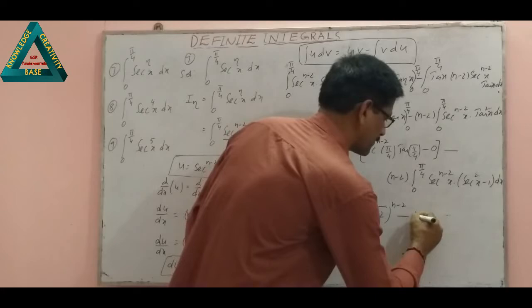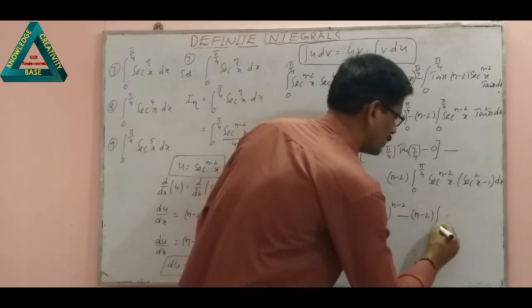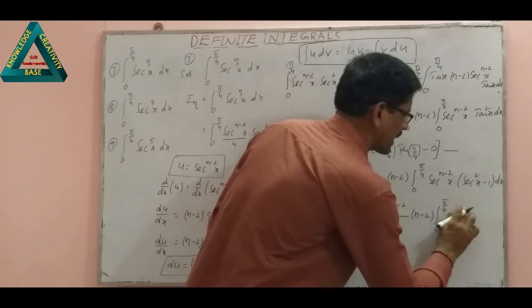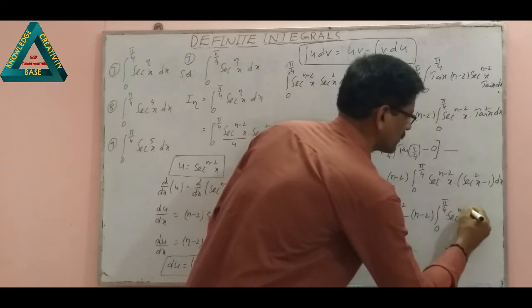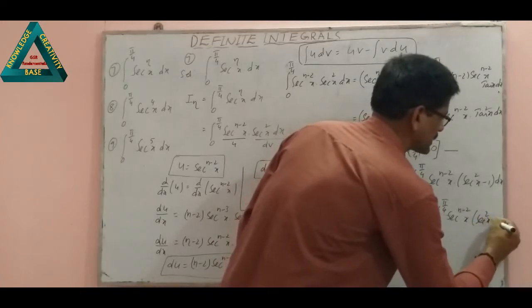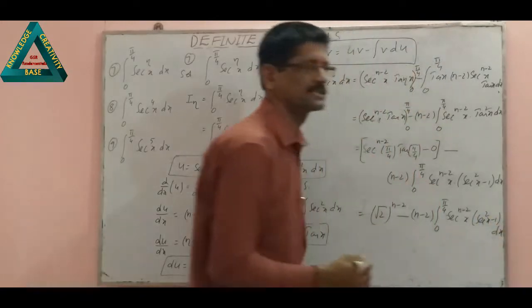Next, minus n minus 2 into integral 0 to pi by 4 secant power n minus 2x into secant square x minus 1 into dx.